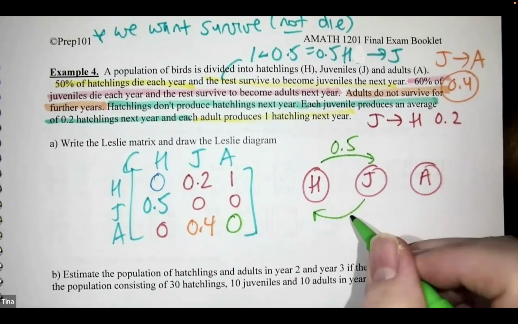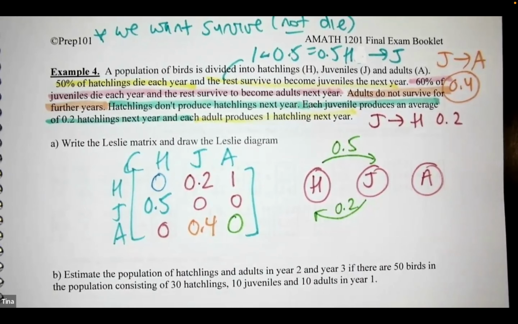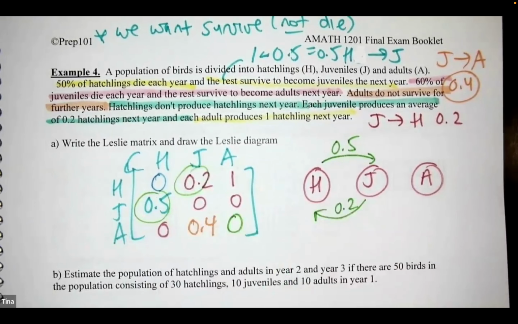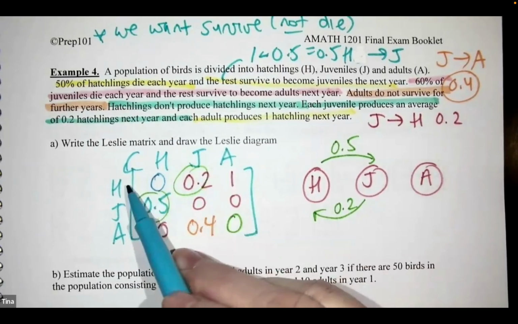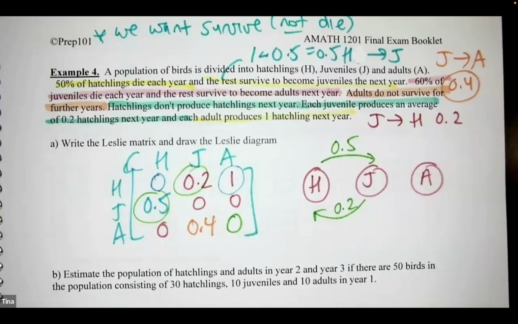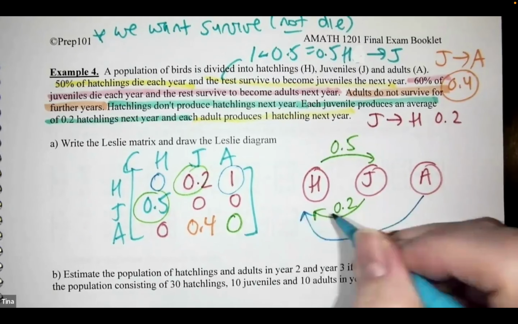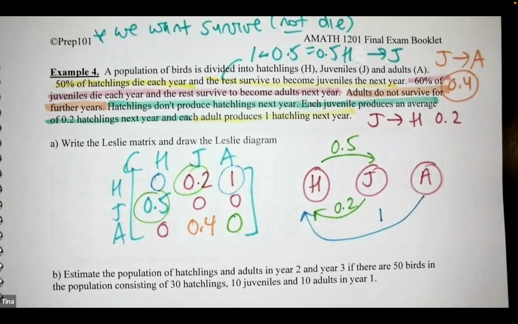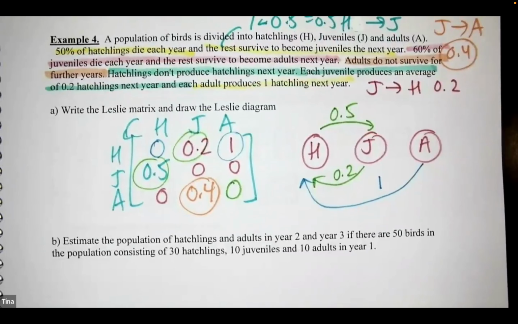So that goes backwards. So that's those two. And then we have adult to hatchling is 1. Okay, draw that in. So adult to hatchling is 1. Okay, and where would the 0.4 go here?